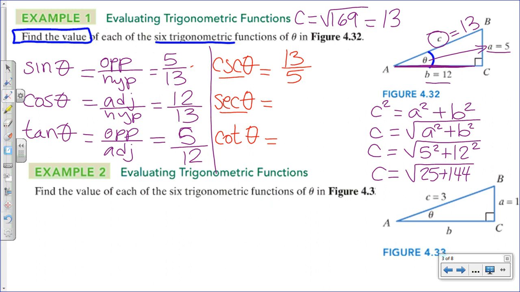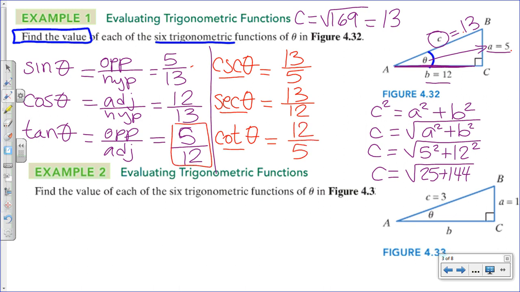And remember, cosecant is defined as hypotenuse divided by the opposite, so let's just make sure. Hypotenuse divided by opposite. Okay, for secant, Karina, what do you got? 13 over 12. Yeah, 13 over 12. And then Brandon for cotangent. So we are going to need the reciprocal of 12 over 5.